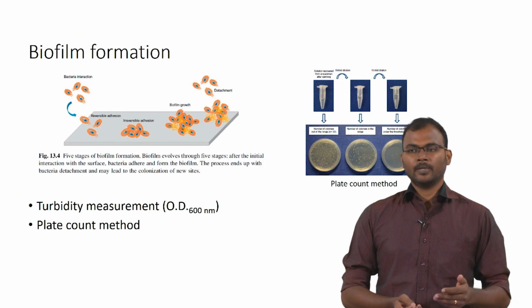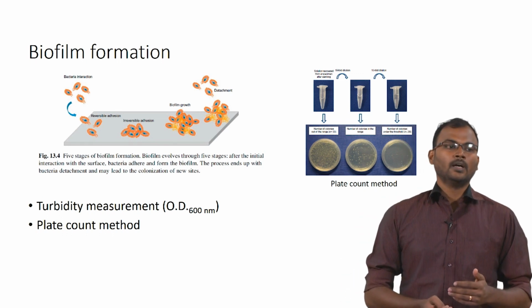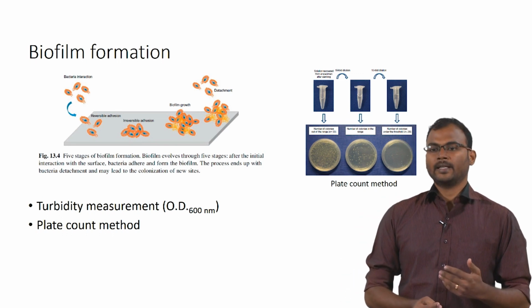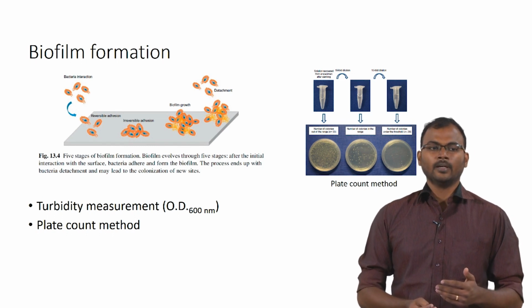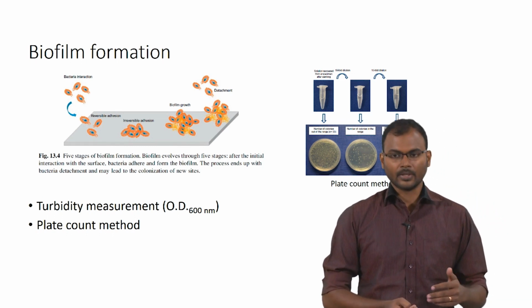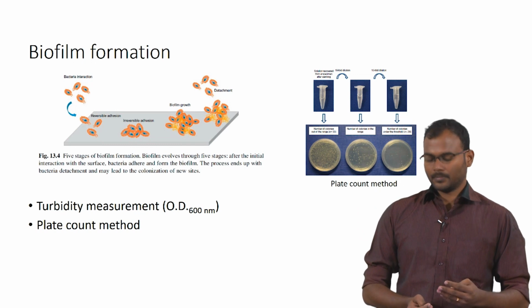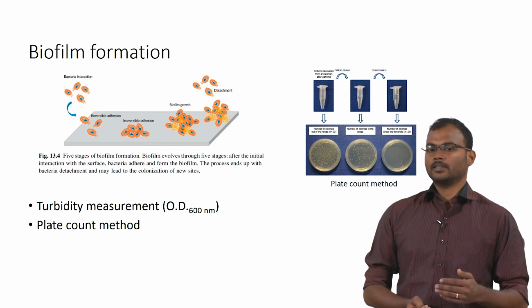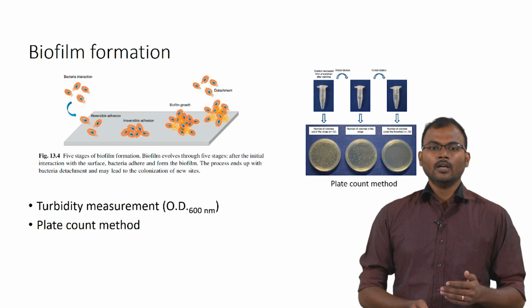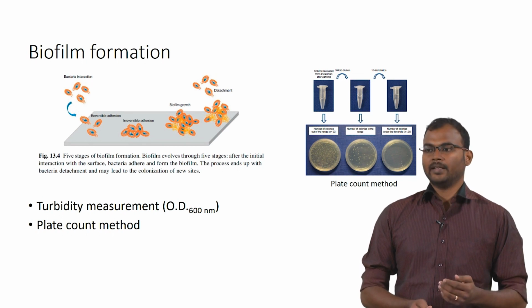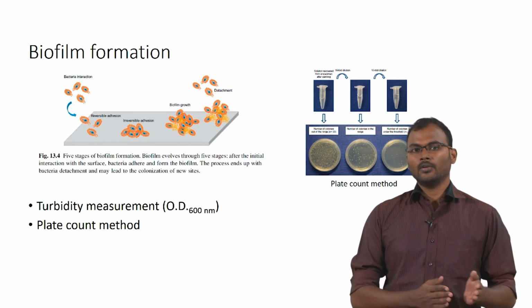In turbidimetry measurement, you measure the number of bacterial cells based on the turbidity observed at OD of 600 nanometers. It is a standard for observing bacteria. You can estimate the amount of bacteria. So, you have a control and you have your sample.